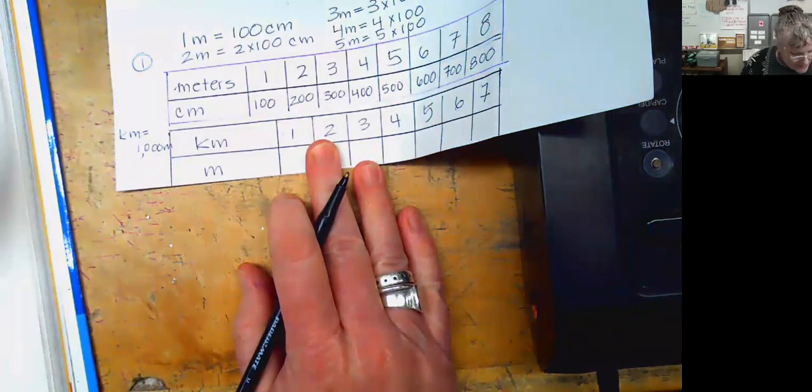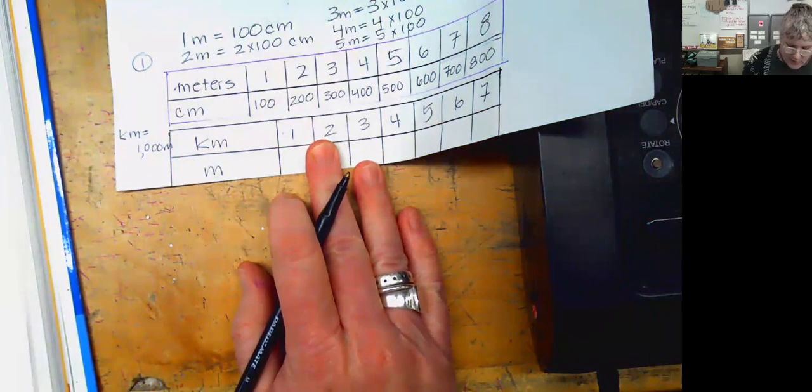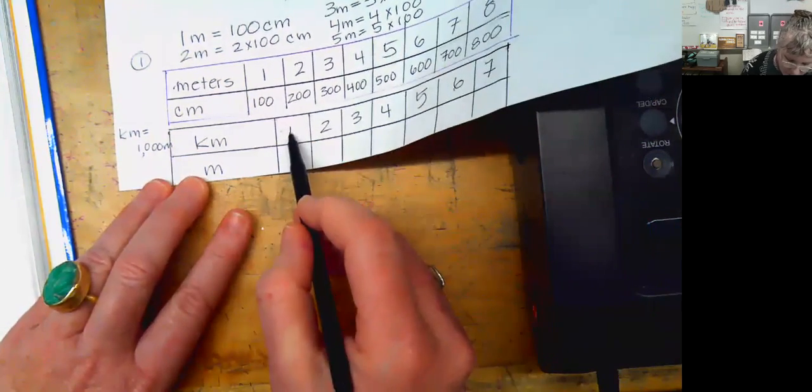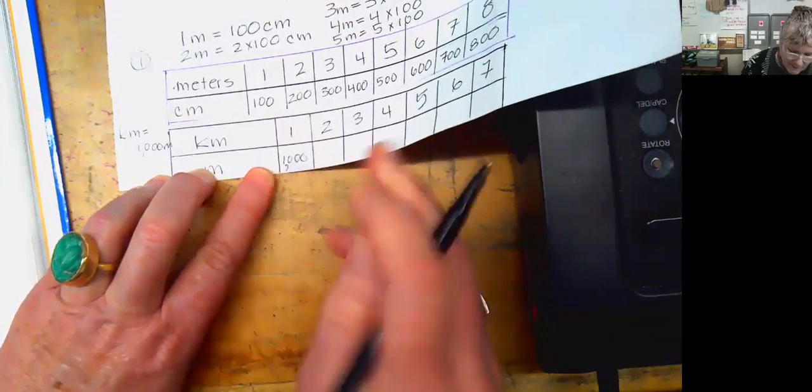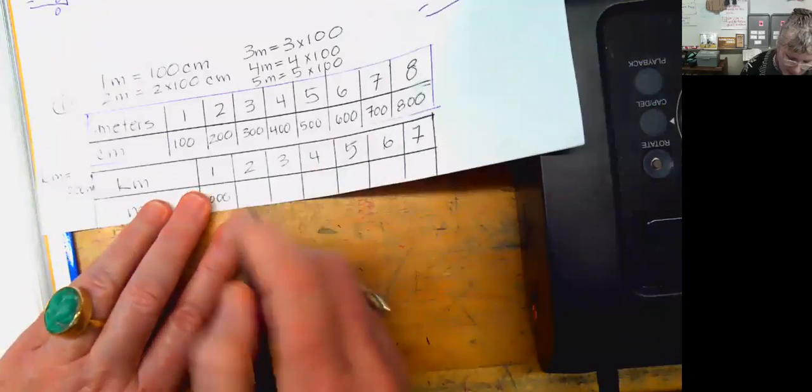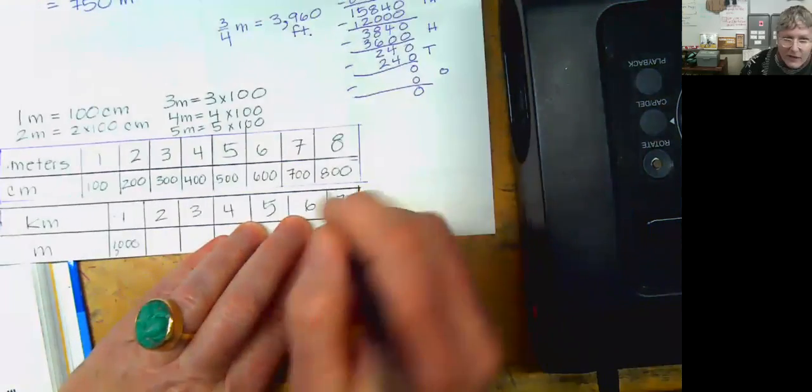Okay, so again, this one's a pretty easy one. So if I have 1 kilometer, that means I have 1,000 meters. If I have 2 kilometers, I can write it over here.